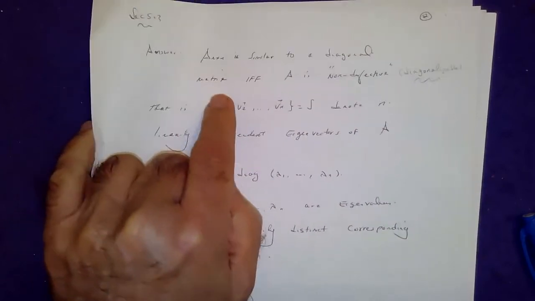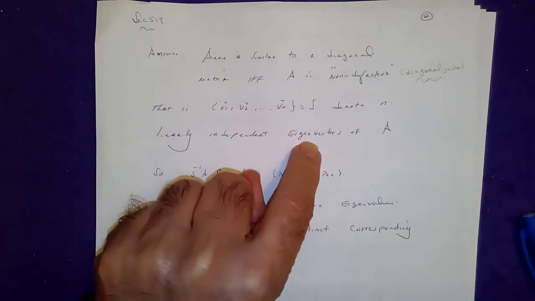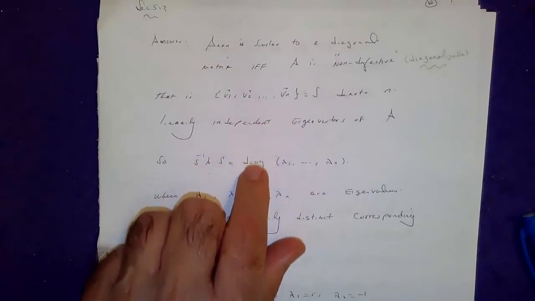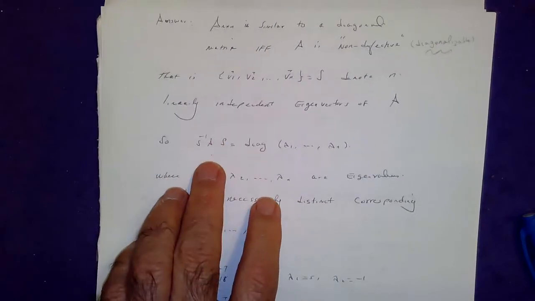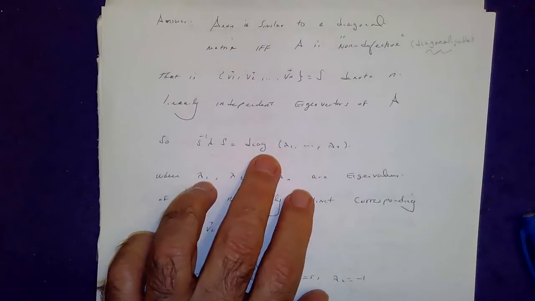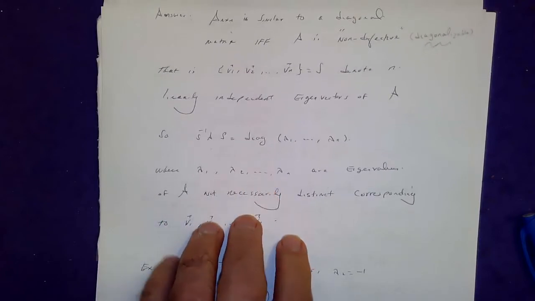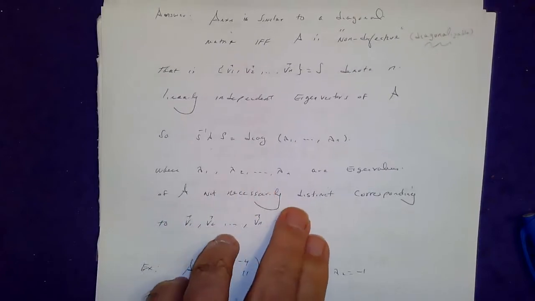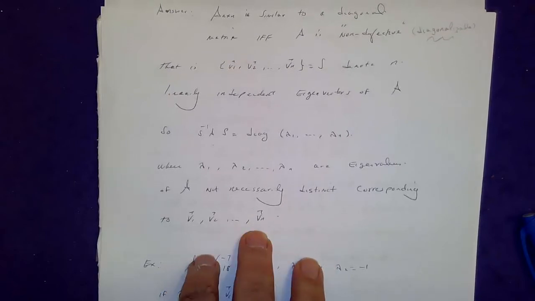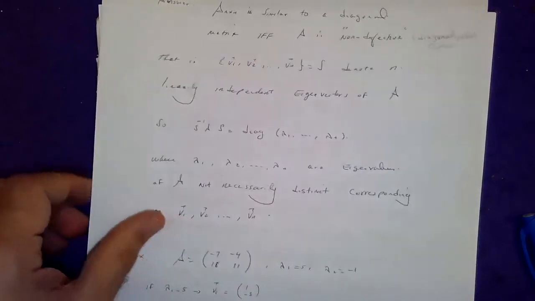The dimension of the matrix A, and they all have to be linearly independent. So they have to form a basis. So this guy, S inverse times A times S, is equal to a diagonal matrix, where lambdas are eigenvalues of A, not necessarily distinct, corresponding to what? V1, V2, Vn. So they don't have to be necessarily distinct.